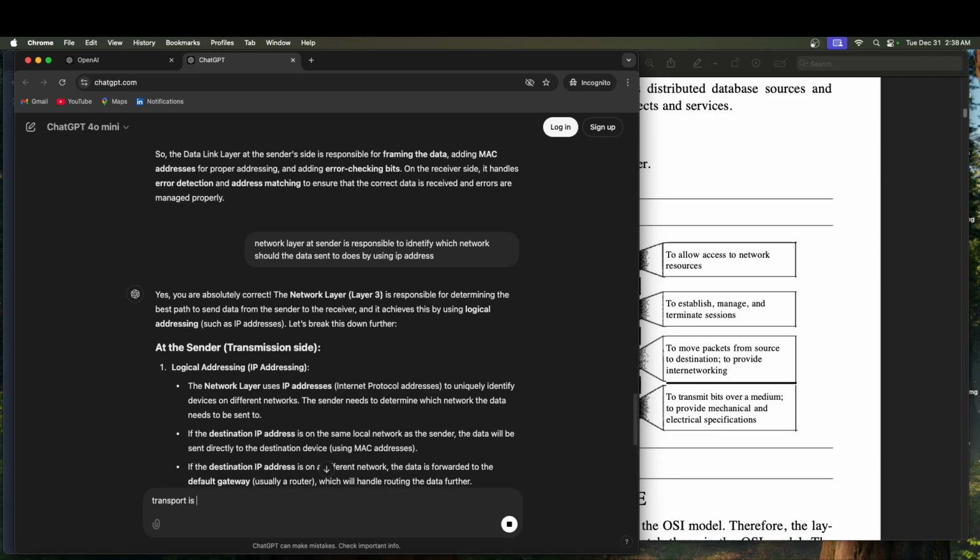Transport deals with which path should be taken.